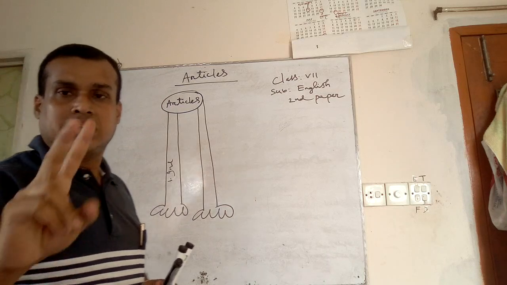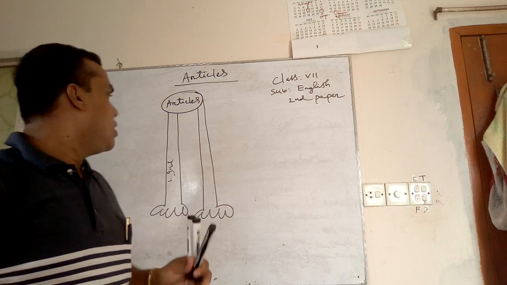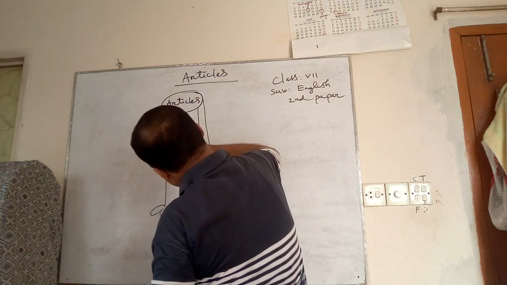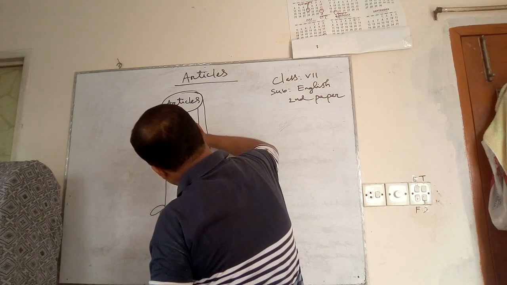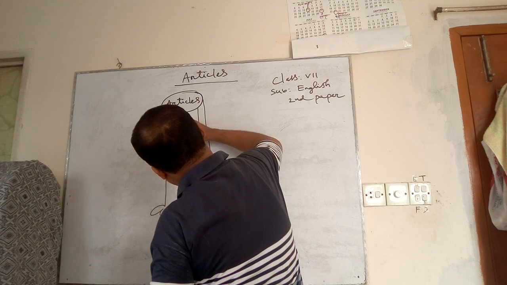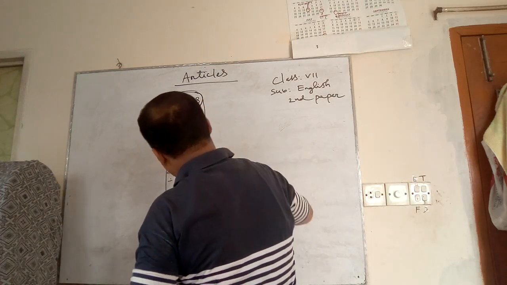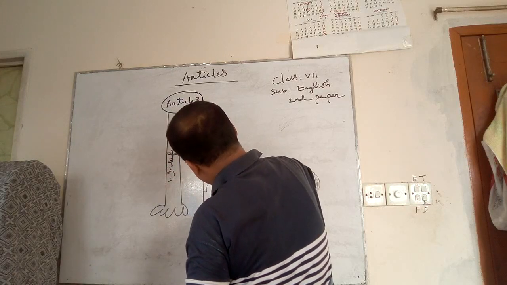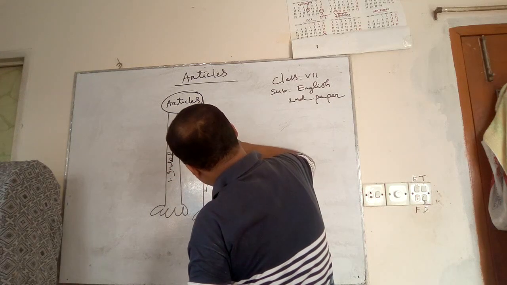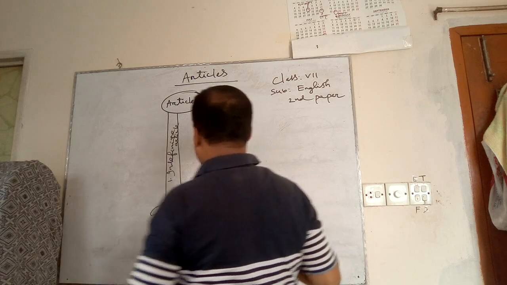Number 1, indefinite article, I-N-D-E-F-I-N-I-T-E. Number 2, definite article, D-E-F-I-N-I-T-E.